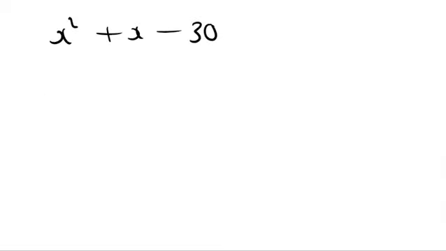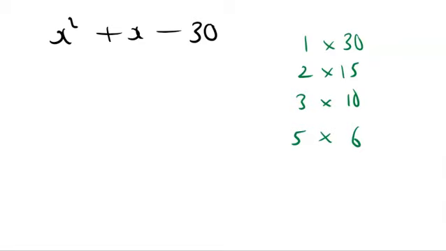Now, if the last sign is minus, it's a bit trickier, but all you do, like before, write down the factors: 1 times 30, 2 times 15, 3 times 10, and 5 times 6. And this time, see which pair differ by 1x.